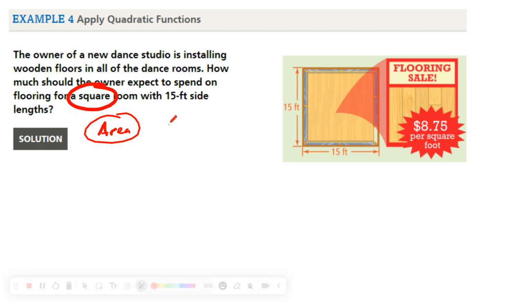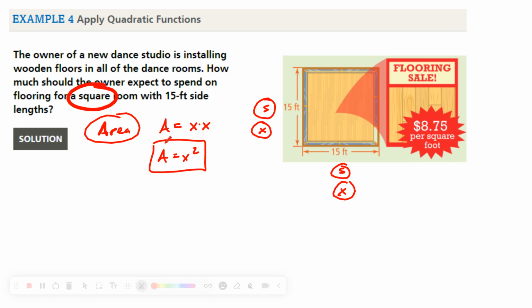The area of a square, just like the area of a rectangle, is base times height, right? Or length times width. But in a square, the sides are the same. You can call them S and S or X and X, whatever you want to do. So if we multiply X times X, we get area equals X squared. This is why area of squares is a quadratic application.